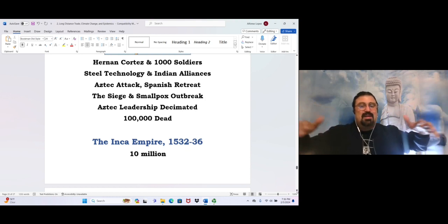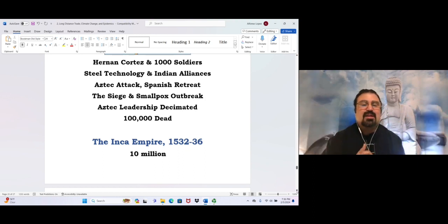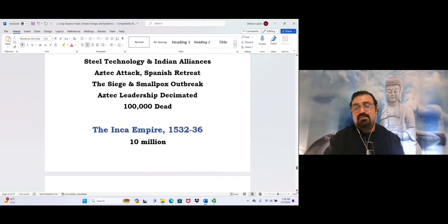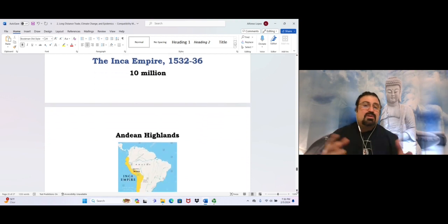Many of the leaders, the military commanders, the soldiers, and the population were dying right and left. In 1521, about 100,000 people had died already. So that weakened the Aztec Empire from within. The Aztec military was also shattered, and that pretty much facilitated the conquest of the Aztecs by Cortés.